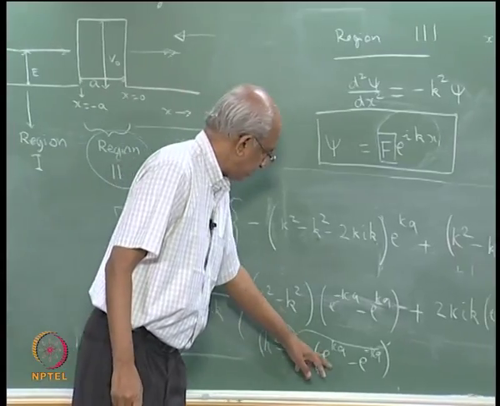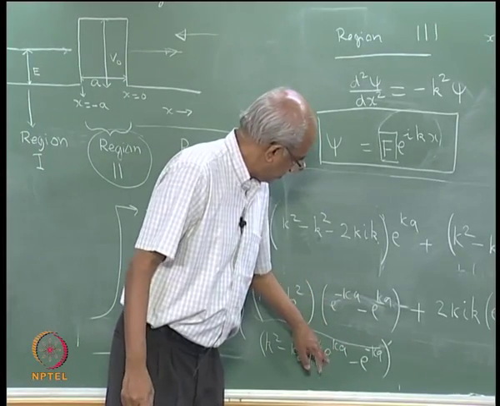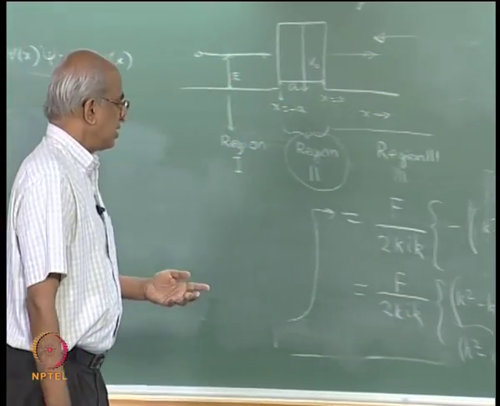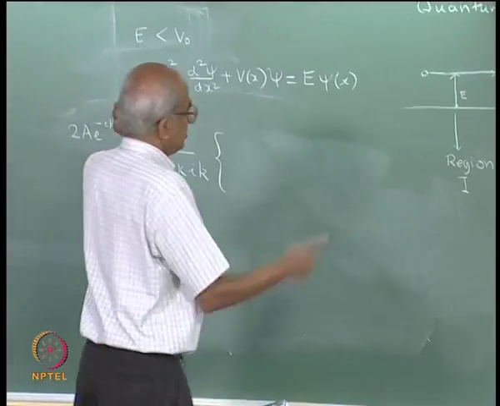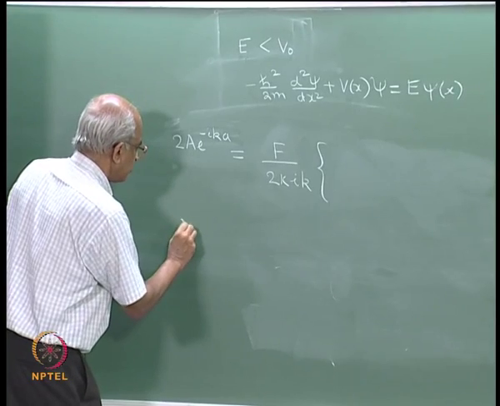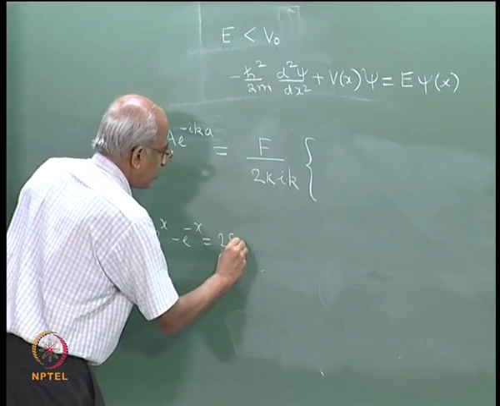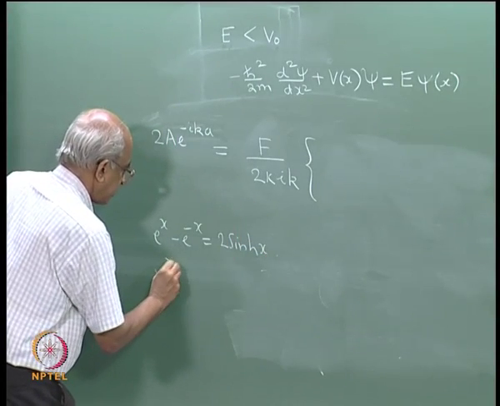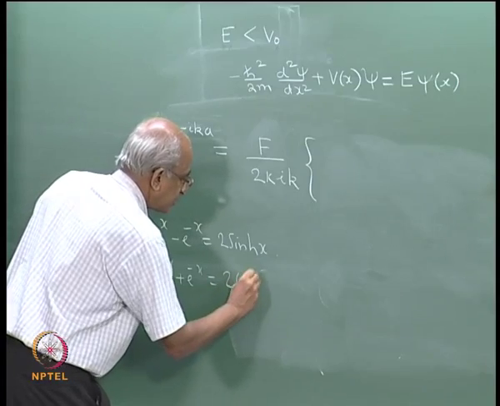Why do I do that? The answer is that, you see, you know that this object can be written in terms of hyperbolic sine function. So, this means that I remind you of the two equalities, e to the power of x minus e to the power of minus x is actually equal to 2 sinh x, and e to the power of x plus e to the power of minus x is equal to 2 cosh x.